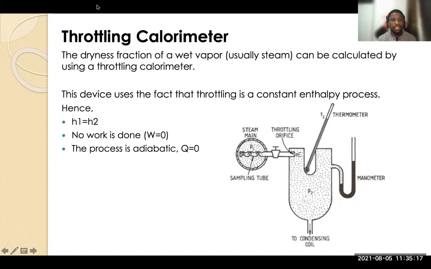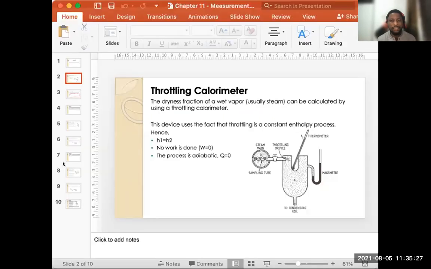Any takers on the name of a calorimeter we've looked at in the previous classes? Bomb calorimeter. Thanks, Bandile Letano. Thank you, Moshin Muhammad. Thank you so much for that. Yes, bomb calorimeter.